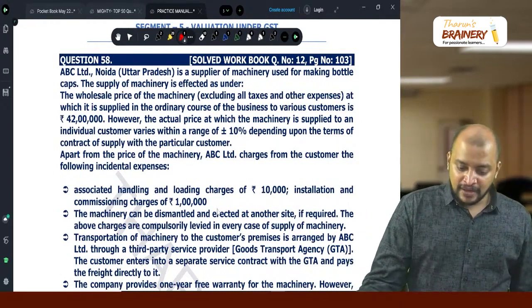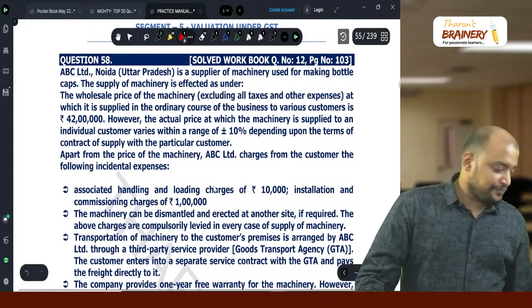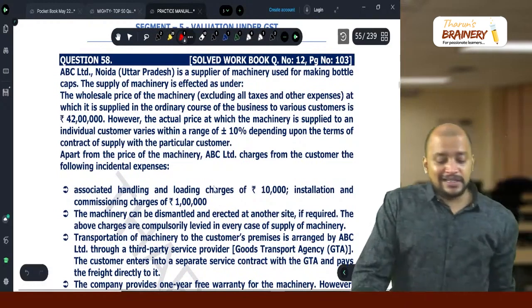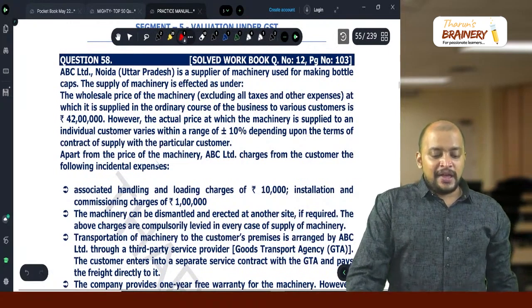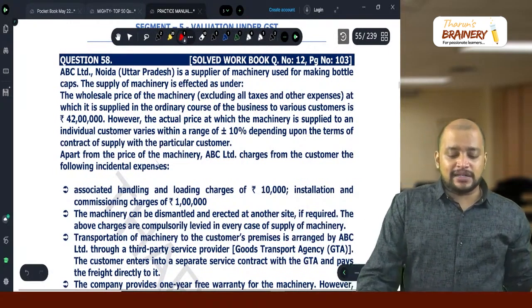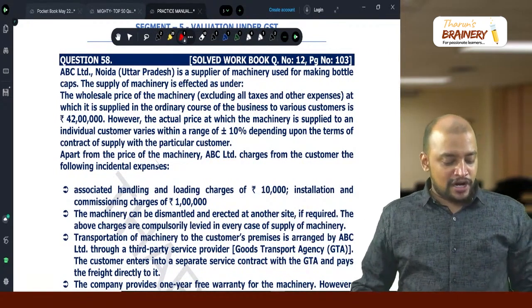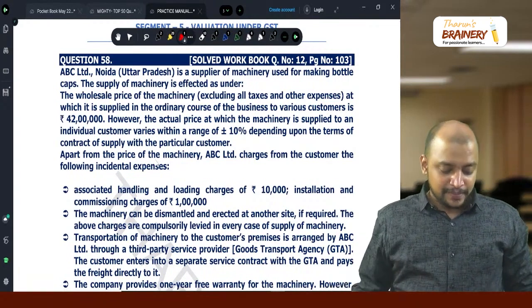We don't know. However, the actual price at which the machinery is supplied to an individual customer varies within a range of plus or minus 10% depending upon the terms of contract of supply with the particular customer.